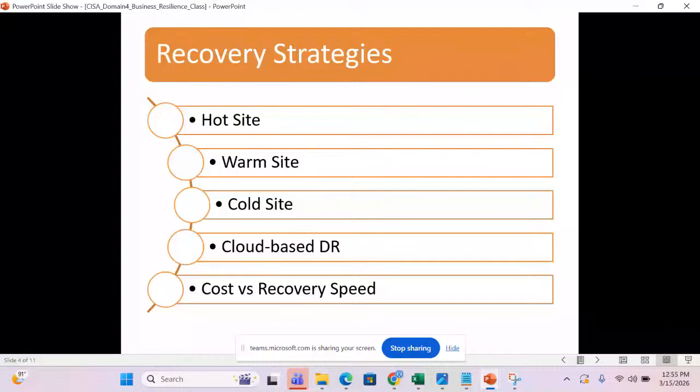You know why? Because I will say definitely when we get to cost and recovery strategy, the cost you are going to incur for a system that is replicating as soon as possible is going to be different from the cost you are going to incur for a system that is replicating in, let's say, 30 minutes, or a system that can come up in 30 minutes.